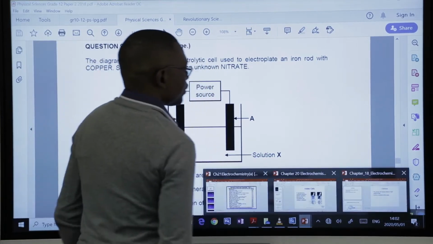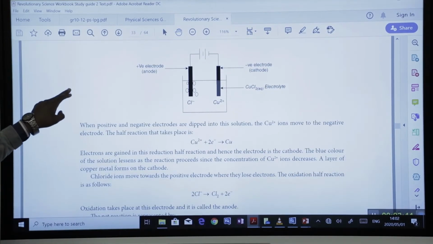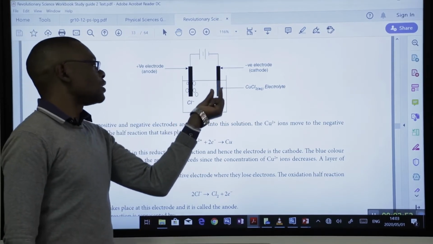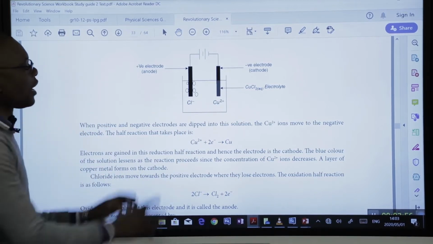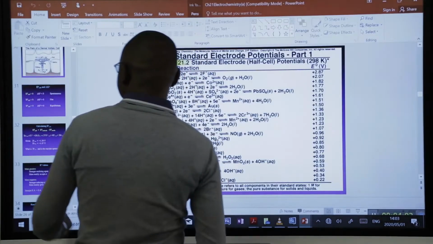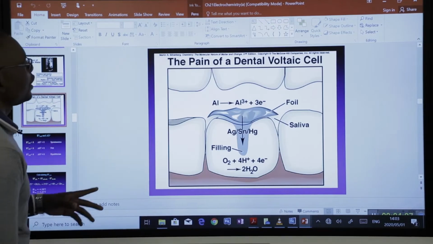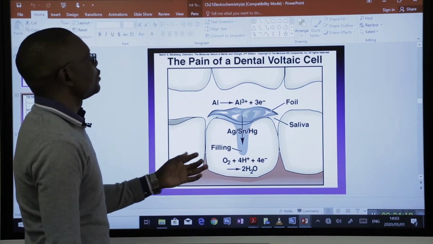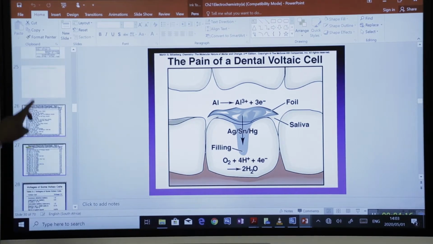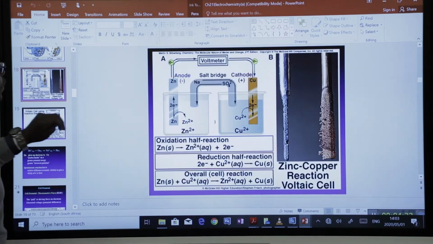Okay, so a quick recap, boys and girls. Here we used an example of carbon electrodes, where we end up seeing copper forming around the carbon electrode. So even in our previous discussions, we said we used electrochemistry in dental voltaic cells, or in other applications we represented, like for example this one.